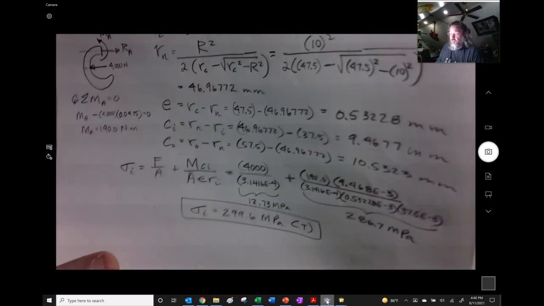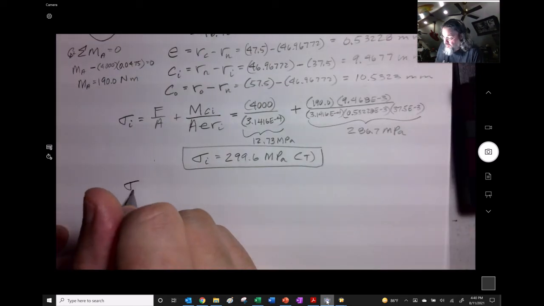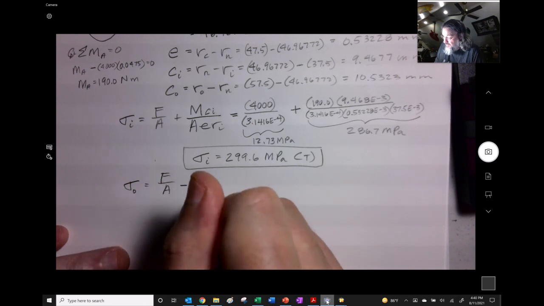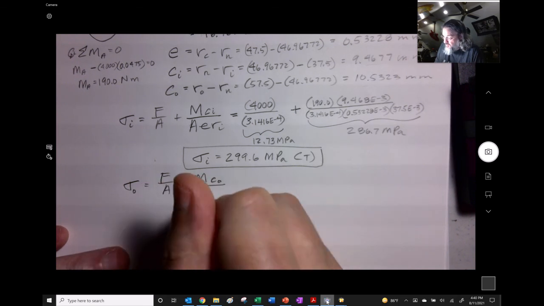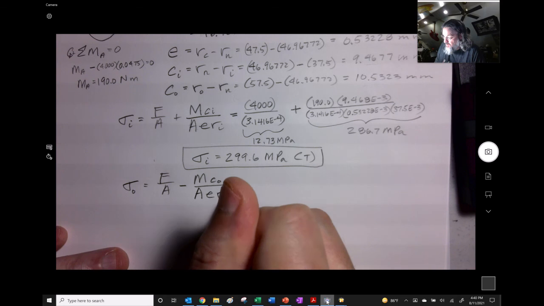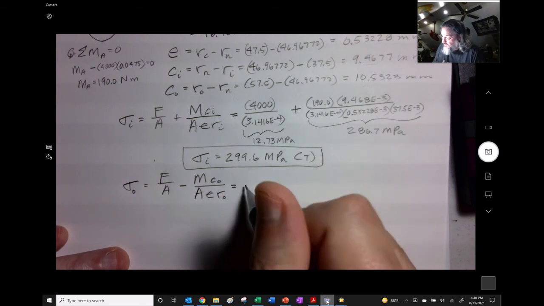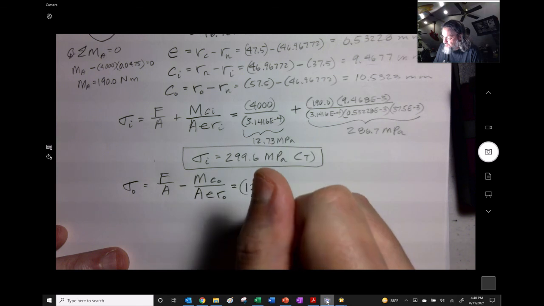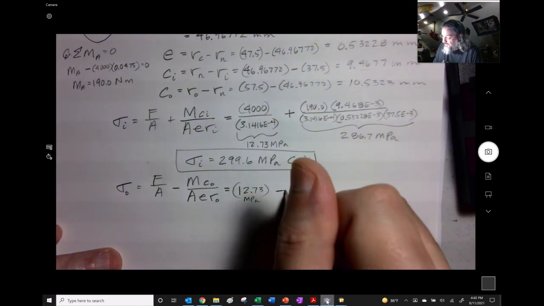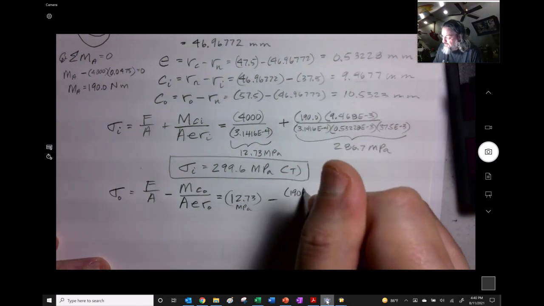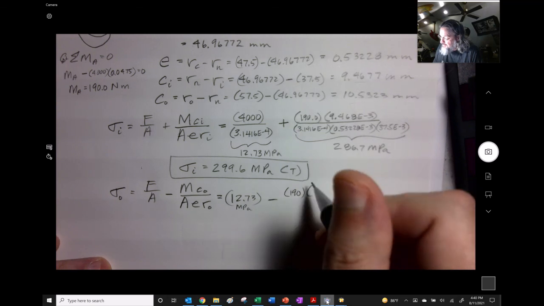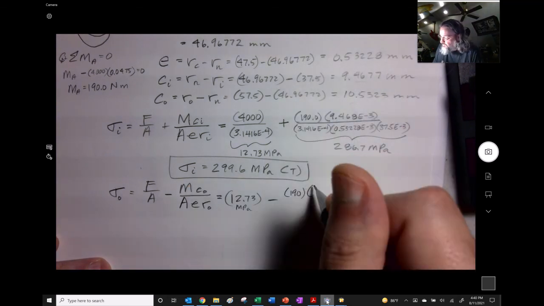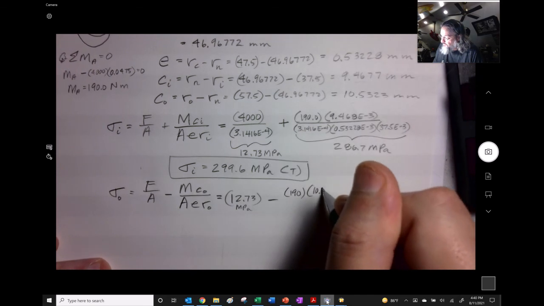And then with the outer, F over A minus MCO over AERO. And we know this is going to be 12.73 megapascals, minus 190, and that CO was 10.53.